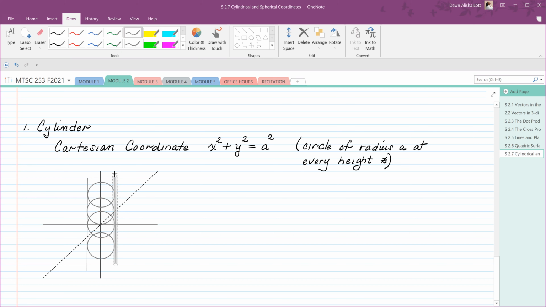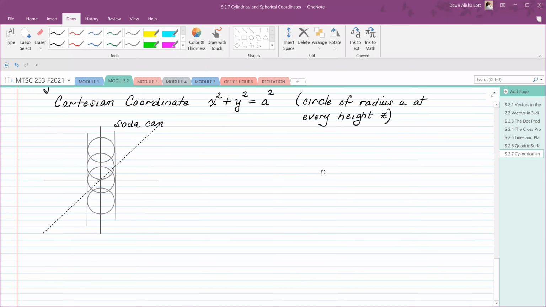Okay, so that's my soda can. It is a cylinder. So Z is just Z. We don't say anything about Z because we're in 3 dimensions.